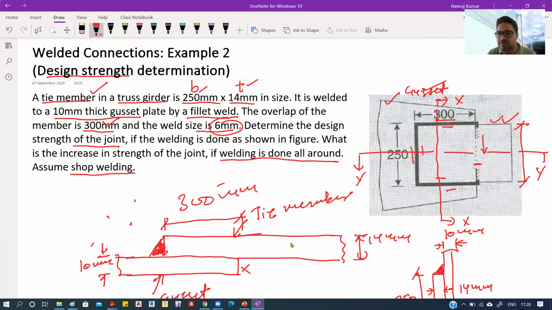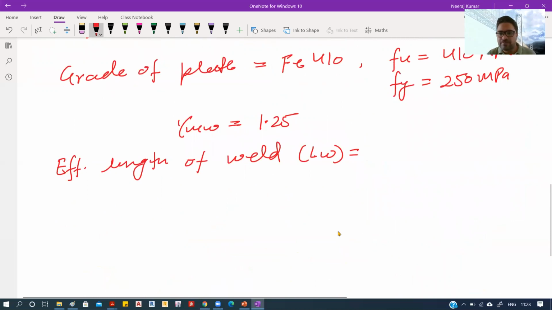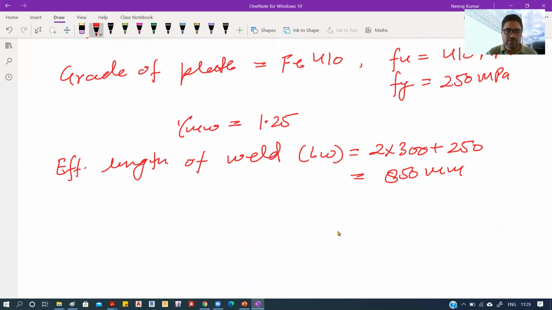So 300 plus 300 plus 250 becomes 850. We will write here 2 into 300 plus 250, which becomes 850 mm. So 850 mm is the welding length which is being provided in the joint.